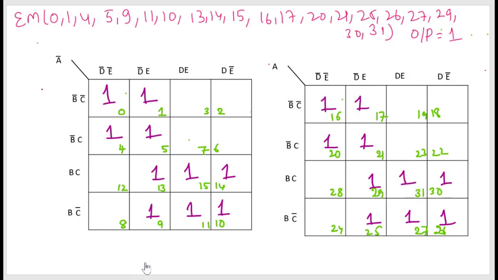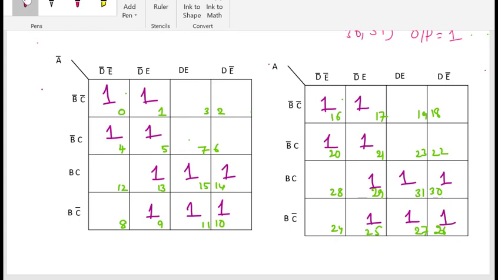If you look at here, it's very clear. These four ones are identical in location. These four ones and these four ones are identical in location. These four ones are identical in location. That means you are going to get a total of 3 octets. We'll see how we are going to form the octets.